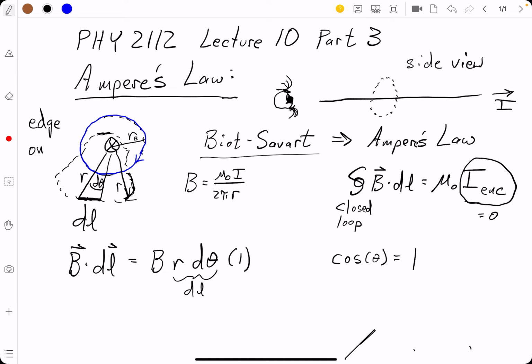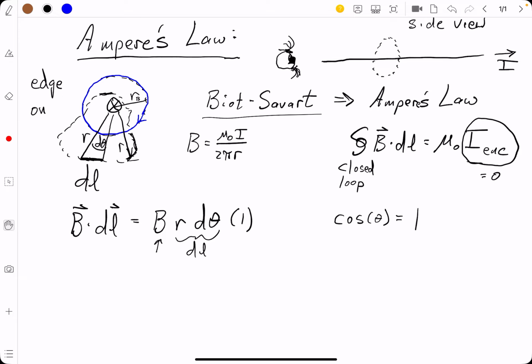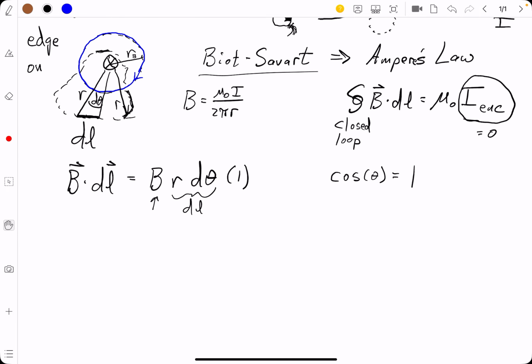Okay, so fine. That's good. We can take that knowledge and substitute that in for this, and we're going to do, let's keep that.